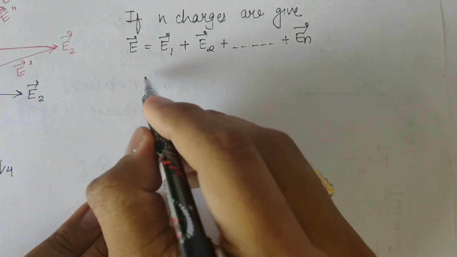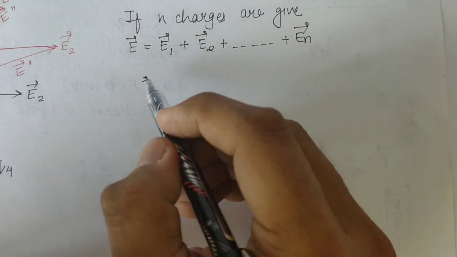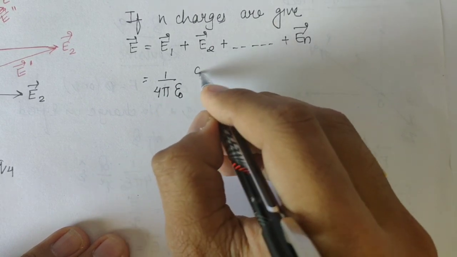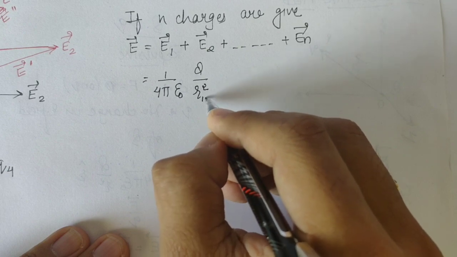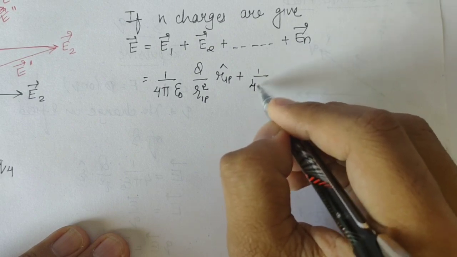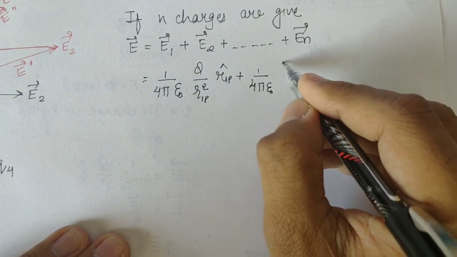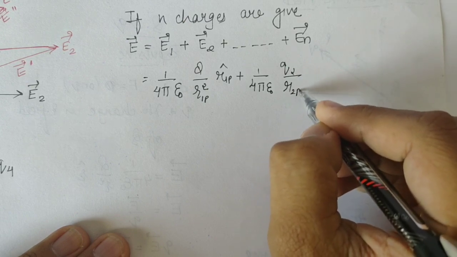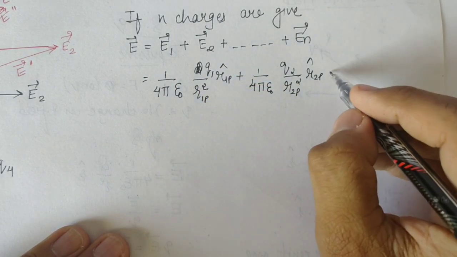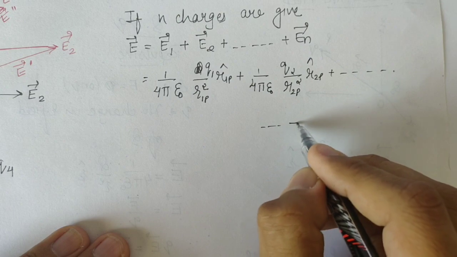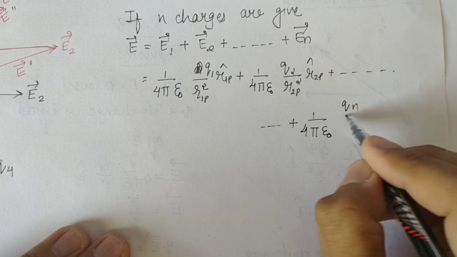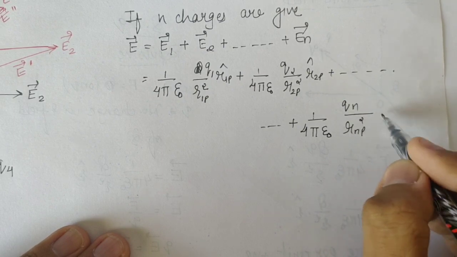Now the equation of E1 is 1/4 pi epsilon 0 times Q1 over R1p square, R1p caret, plus 1/4 pi epsilon 0 times Q2 over R2p square, R2p caret, plus ..., plus 1/4 pi epsilon 0 times Qn over Rnp square, Rnp caret.